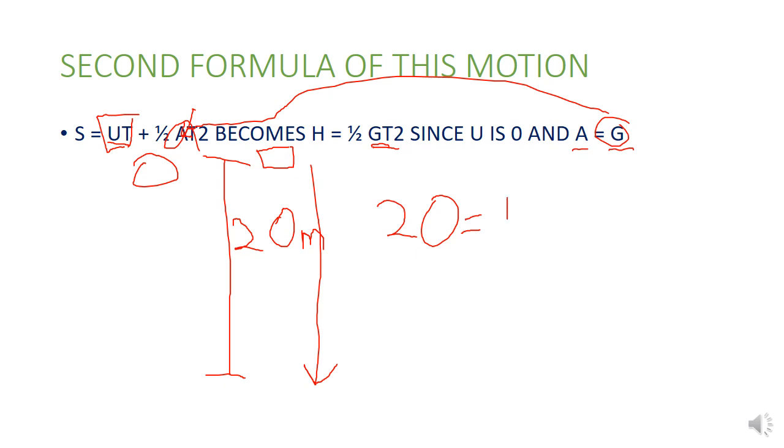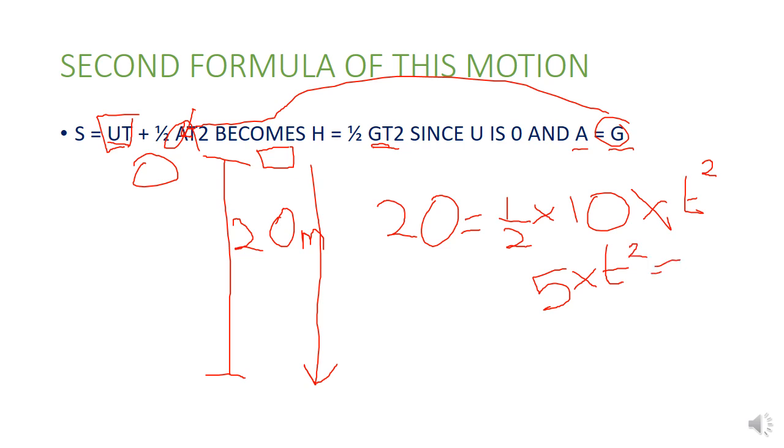So a half times, remember we said the acceleration caused by gravity, and I want you to never forget this, is always 10. So a half times 10 times t squared. A half times 10 is 5. So 5 times t squared is equal to 20 meters.